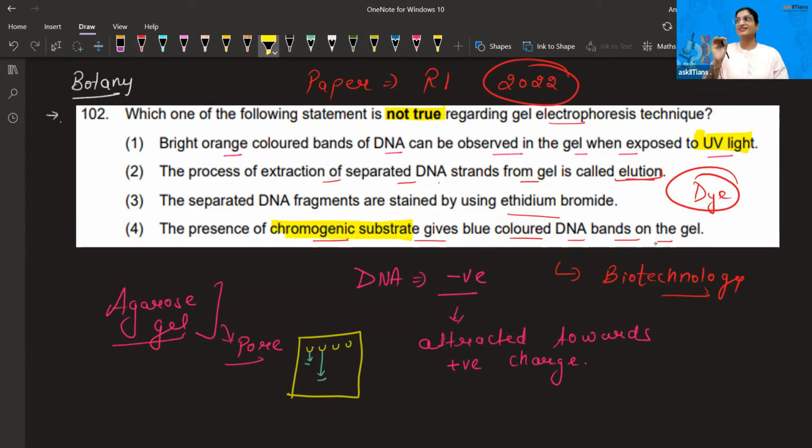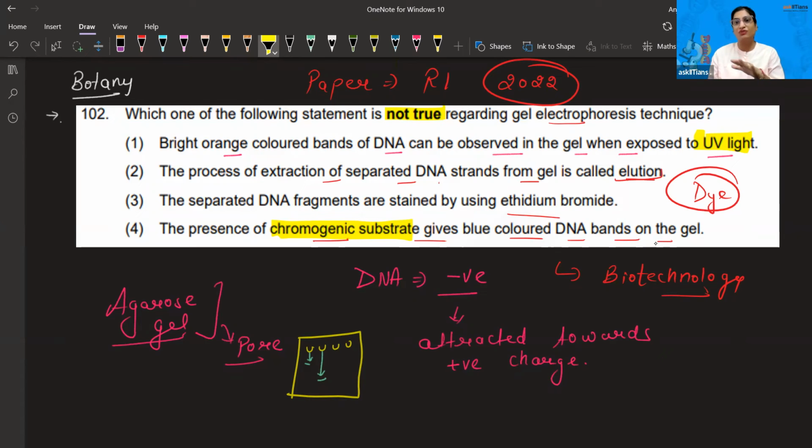Imagine I am a scientist using a dye: I will always prefer a dye which is not interfering with the main substance. I want to see the DNA, so the dye should be inert. It should not interact with, interrupt or interfere with the DNA structure, and should not do any kind of manipulation.